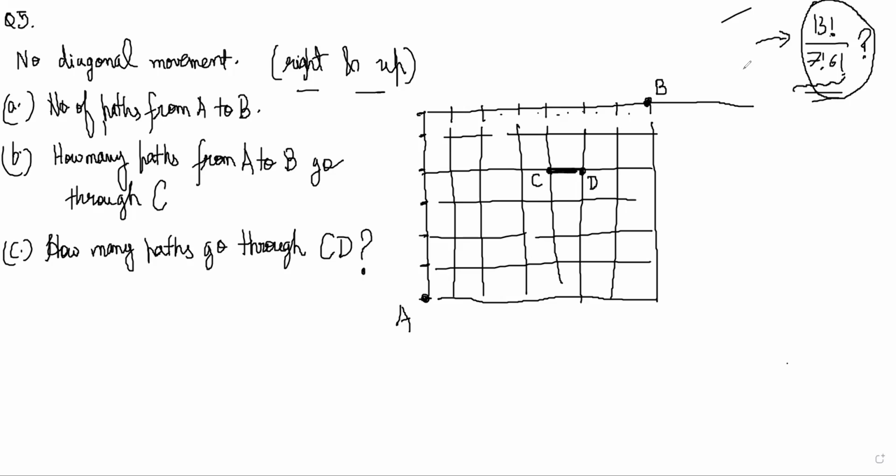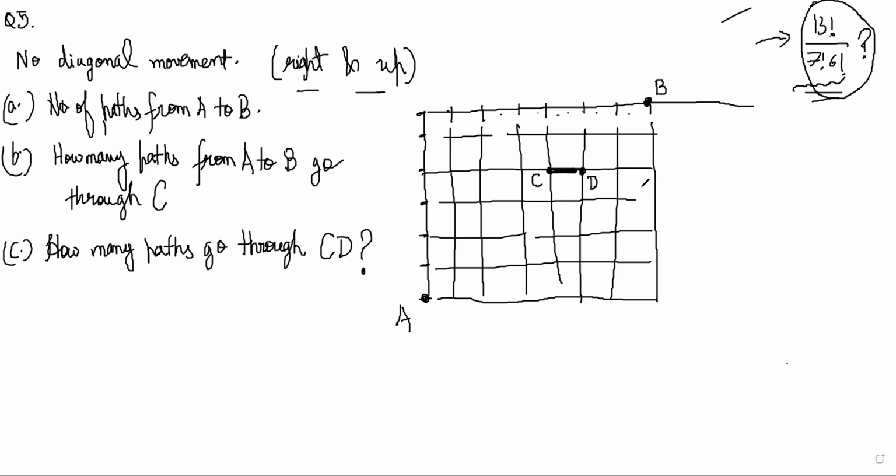Like one to the right and then six up, and then two to the right and something like that. One to the right and six up will mean you'll end up here only. You have to end up at B, no?